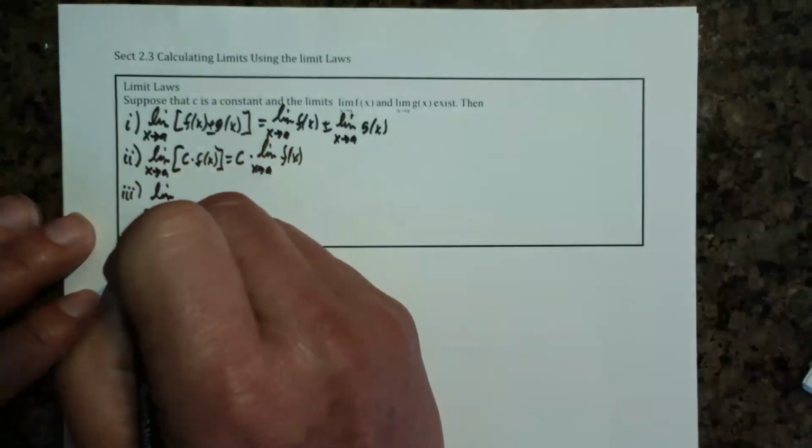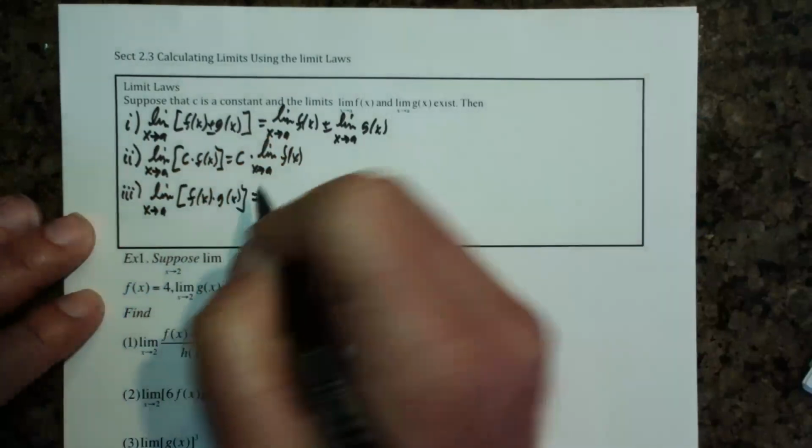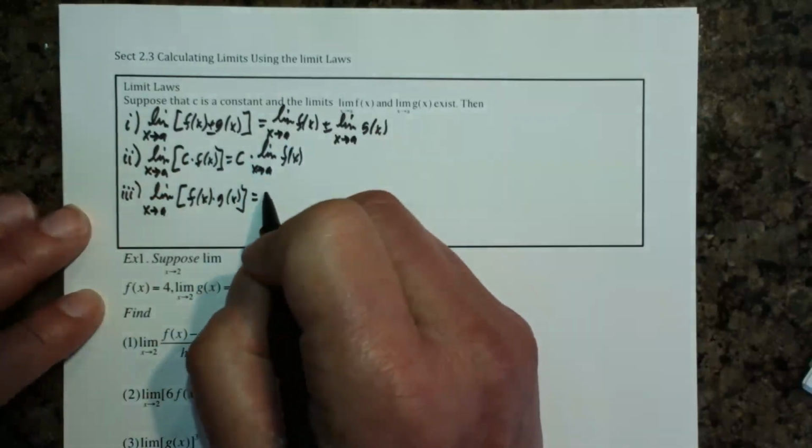Our third rule is multiplying. And like the addition and subtraction, we can break it up.